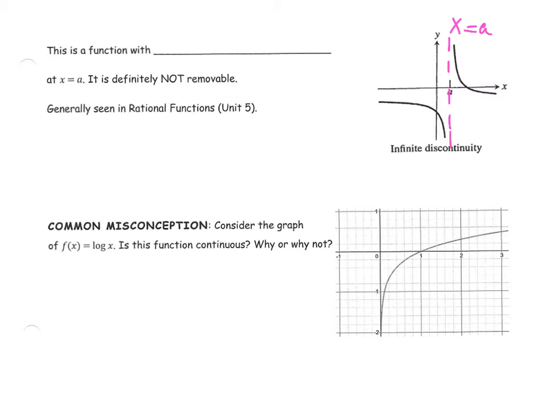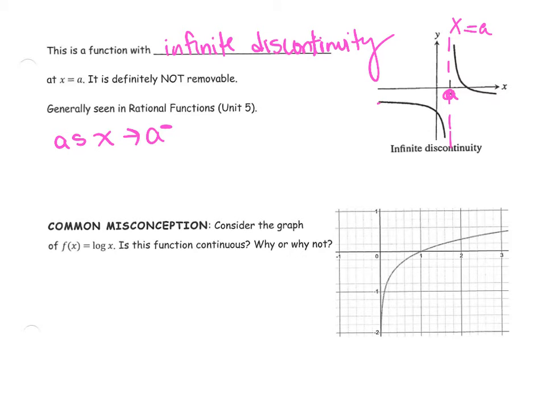So this function is considered an infinite discontinuity because of the vertical asymptote where the function is discontinuous. If I were to give you an example, as x approaches a from the left, y goes towards -infinity.